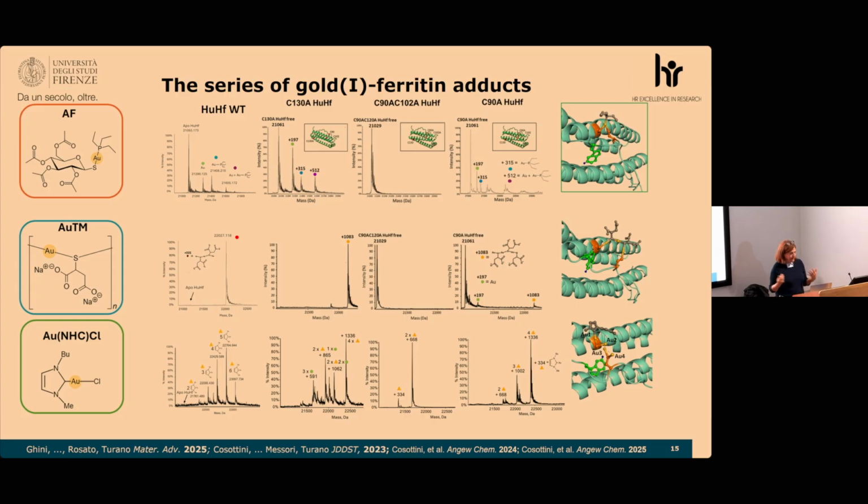To validate our proposal of binding sites, we also used mutations. Because in each single subunit of the H protein, we have 3 cysteines, which are good targets for gold(I), as per Pearson's soft acid theory. 2 are very well solvent exposed, and 1 is buried inside channels that connect the inner cage to the outer cage.